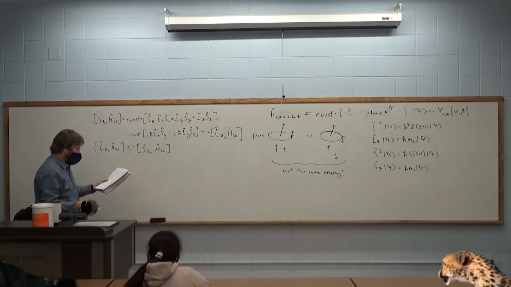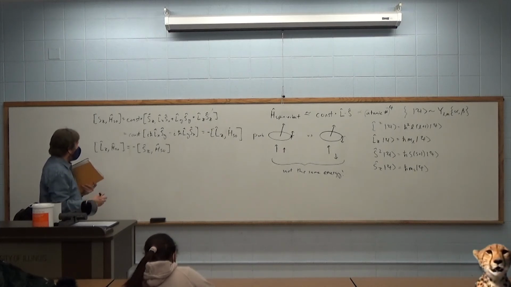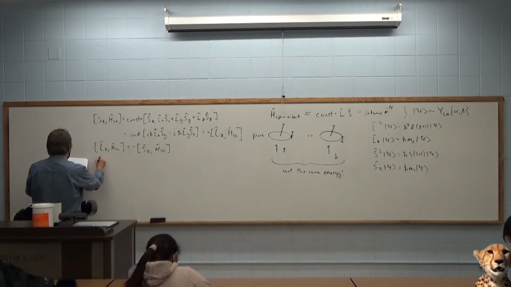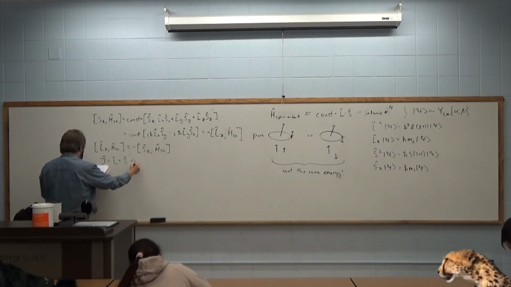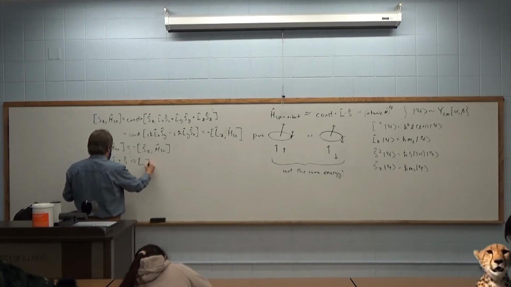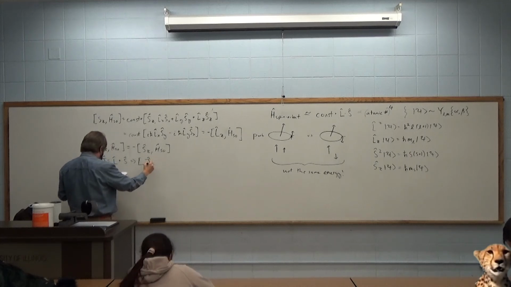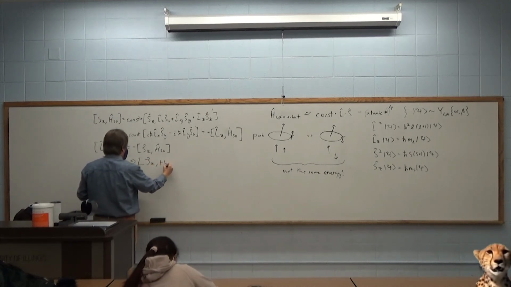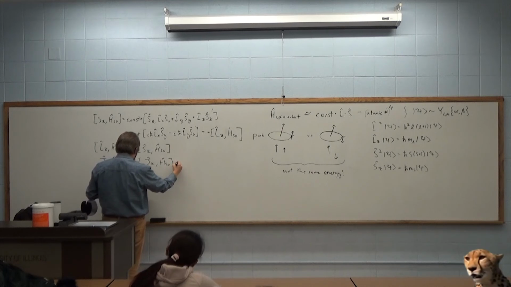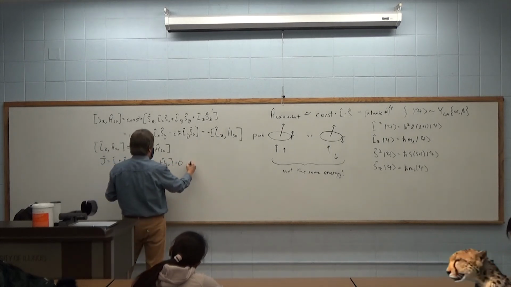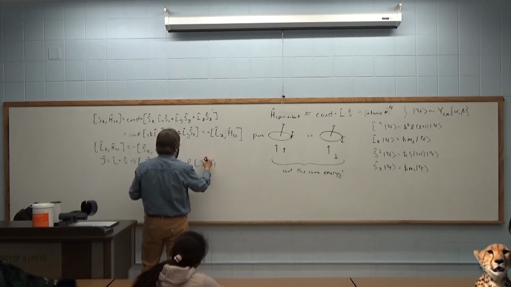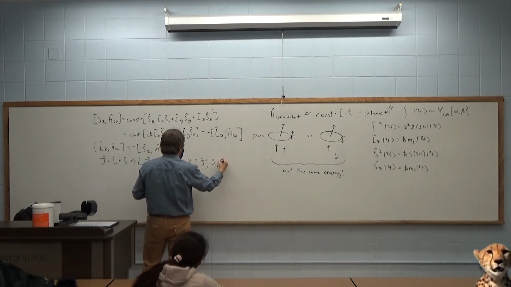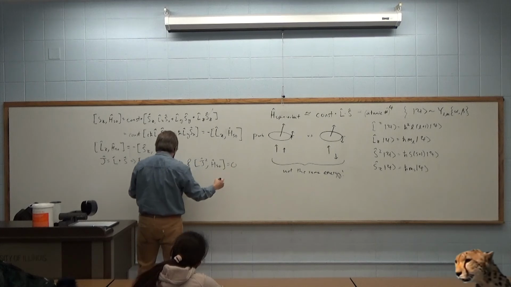Let's see here. Last bit, let me just state that if J is L plus S, therefore the Z operator with the spin orbit is equal to 0 and J squared with the spin orbit operator is likewise equal to 0.